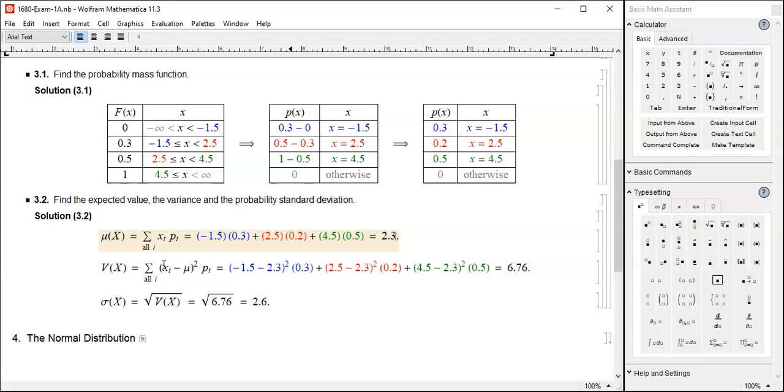Now how about the variance? Payoff minus mu, squared. We want deviation squared. So negative 1.5 minus 2.3, calculated earlier. And 2.5 is the next, minus 2.3. 4.5 minus 2.3. And then deviation squared, and multiply by the probabilities. You're just working with this formula.